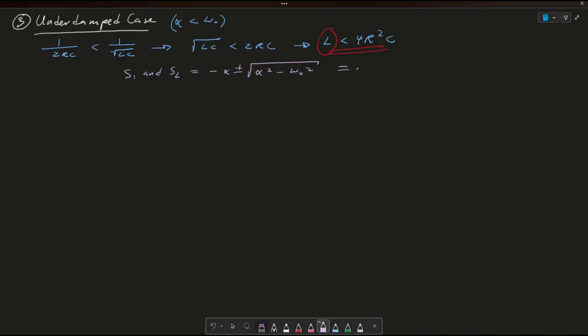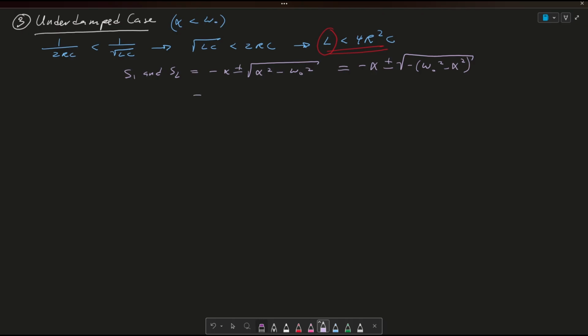But I kind of want to write it in a different format. I'm going to write it as minus alpha plus or minus the square root of minus omega naught squared minus alpha squared. I hope this makes sense how this is equated to this.